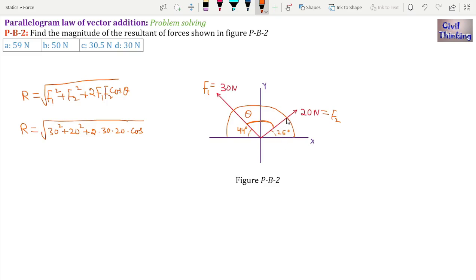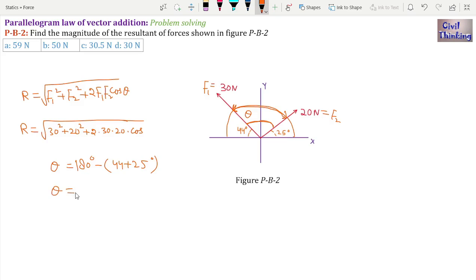So what you are left with is only this. So theta is 180 degrees minus 44 plus 25, right?